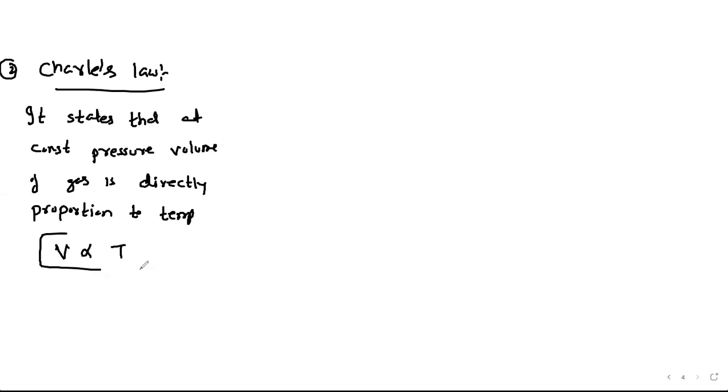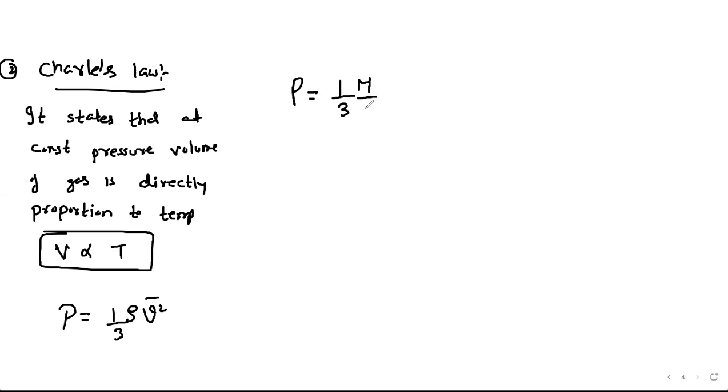Again, to derive this law, we will be using this expression P is equal to 1 by 3 rho v square. You can write this as P is equal to 1 by 3 into m by V into v square bar. Just multiply it here. PV is equal to m by 3 v square bar.